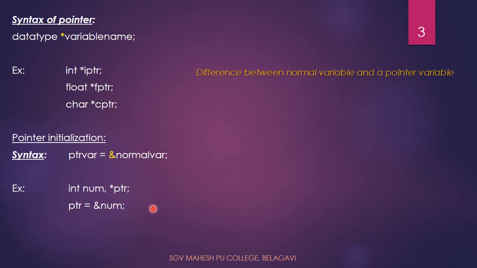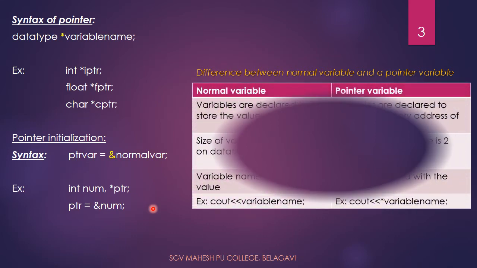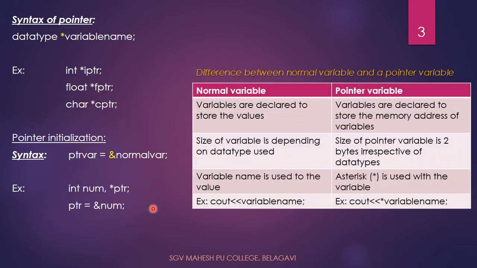Now let's try understanding what's the difference between a normal variable and a pointer variable. In normal variables, variables are declared to store the values, whereas in pointers, variables are declared to store the memory address of variables.